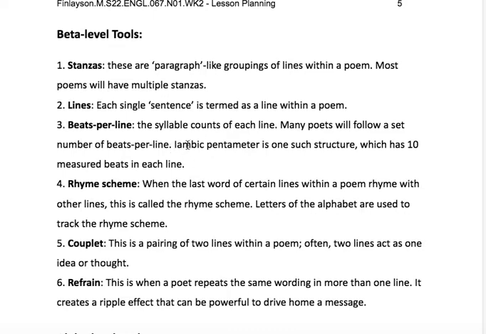Now, iambic pentameter is a classic structure used by many poets, and pentameter means that there are 10 counts within that line. Iambic means that there's a certain rhythm, kind of like a soft, strong, soft, strong, soft, strong, but we're not going to get into those deep details of rhythm. We'll just count the syllables of each line.